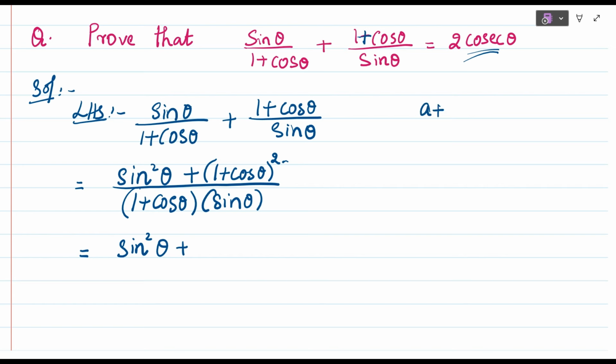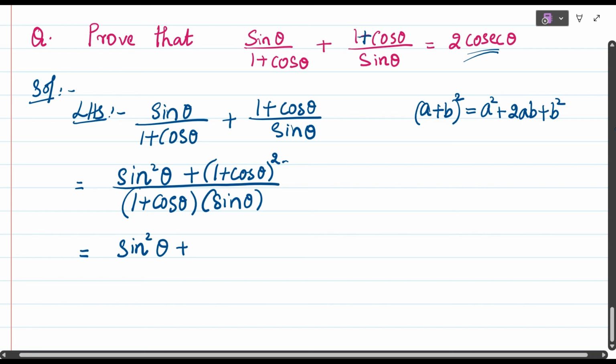Now in the numerator we have sin square theta plus 1 plus cos theta whole square. We know the algebraic identity: a plus b whole square is equal to a square plus 2ab plus b square. Understood? In place of a, 1 is there and in place of b, cos theta is there. Apply here, students. So 1 square gives 1, plus 2 into 1 into cos theta gives 2 cos theta, plus cos square theta, whole divided by 1 plus cos theta into sin theta. Understood?